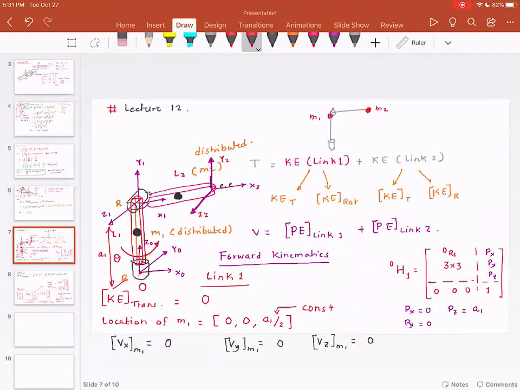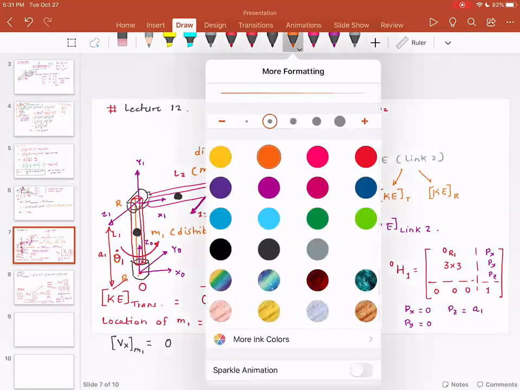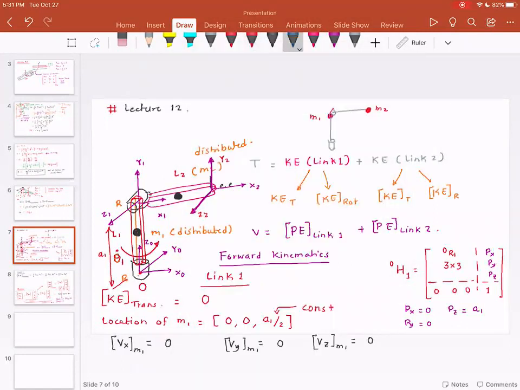So this is theta 1 dot. This link is going to rotate about the z naught axis.